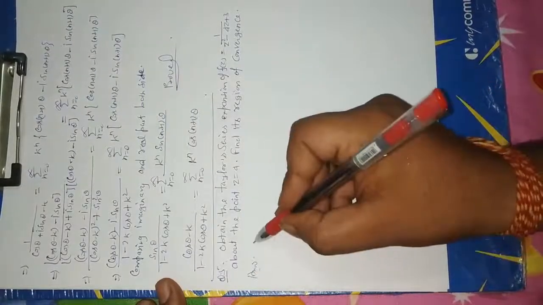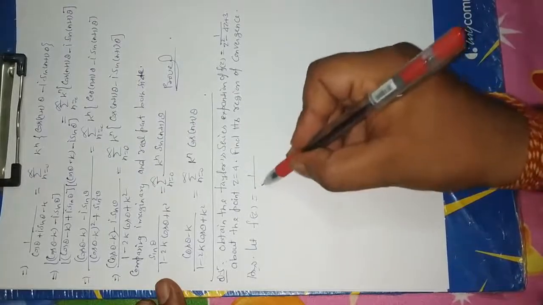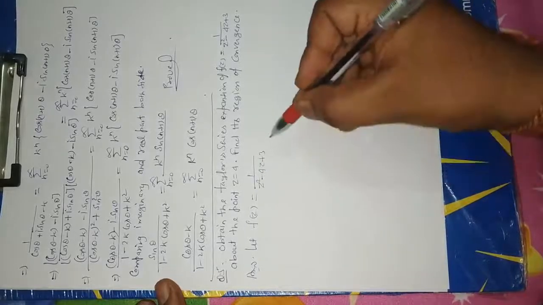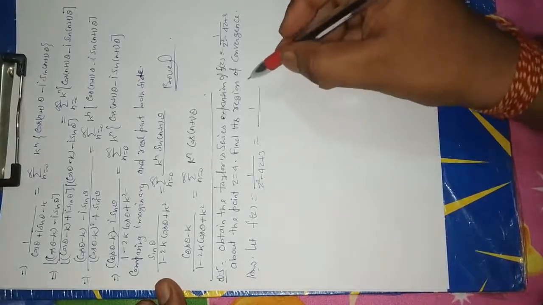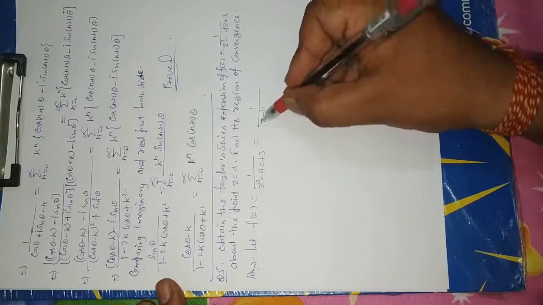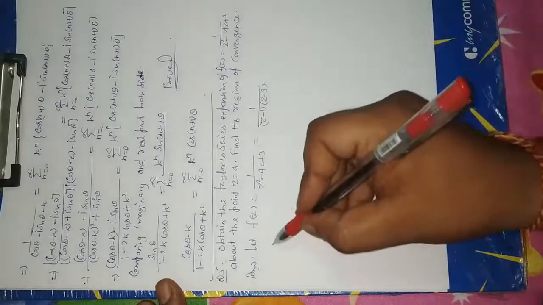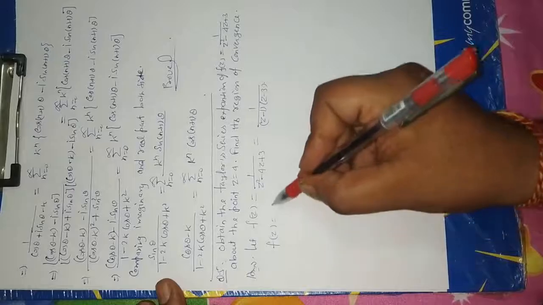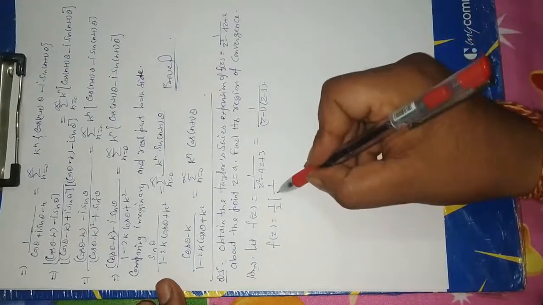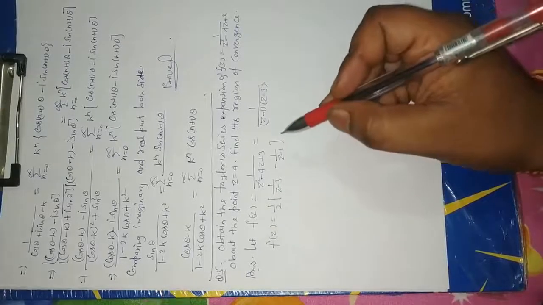Now solution. Let f(z) equal to 1 upon z square minus 4z plus 3. By factorizing we get (z minus 1)(z minus 3). On partial fractions, f(z) is equal to 1 upon 2 into [1 upon z minus 3 minus 1 upon z minus 1].